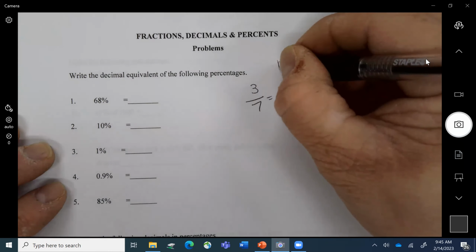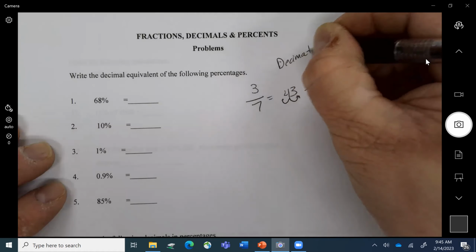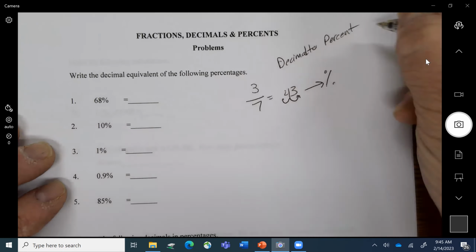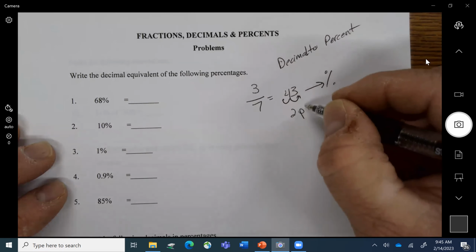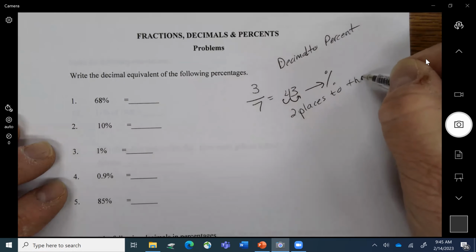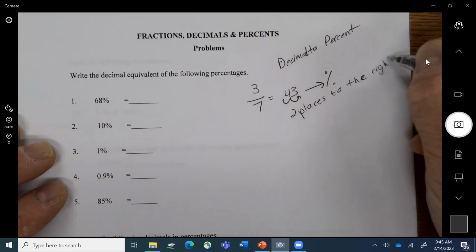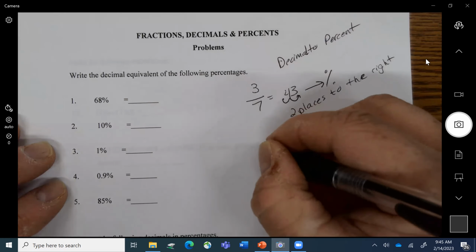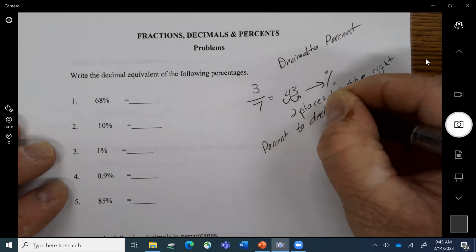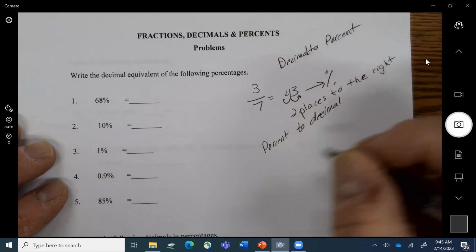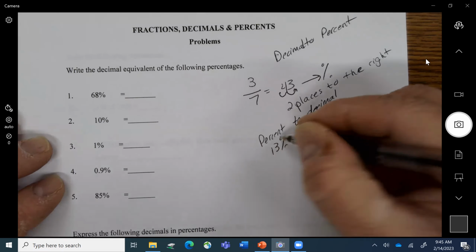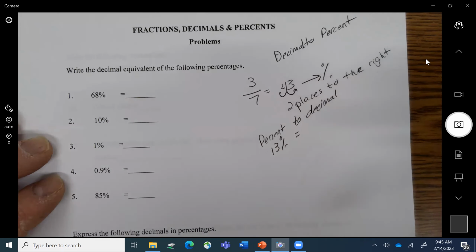All right, so decimal to percent. It's 2 places to the right. Now, if you want to go from percent to decimal, what do you think you should do? So like, we'll go with 13% equals what as a decimal?